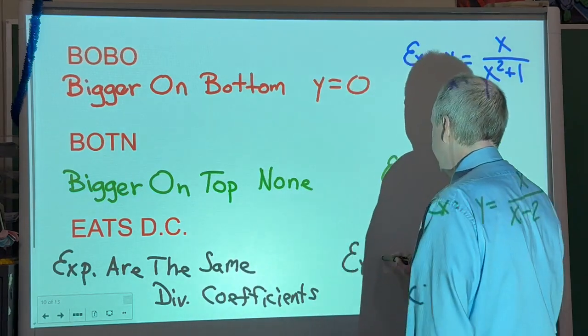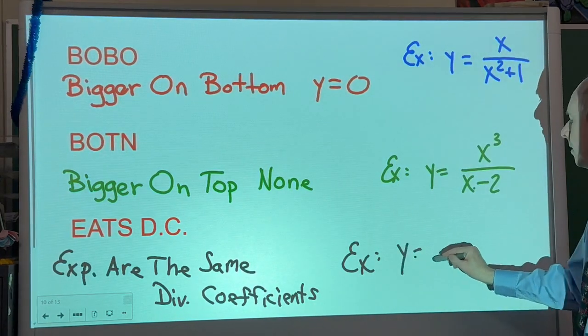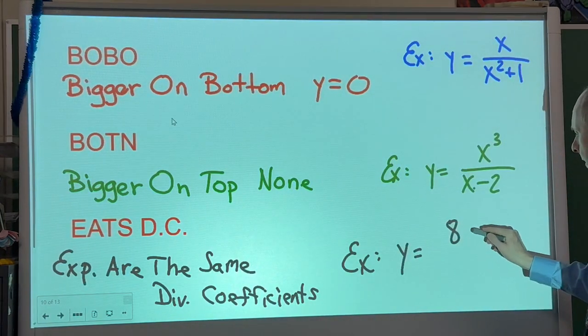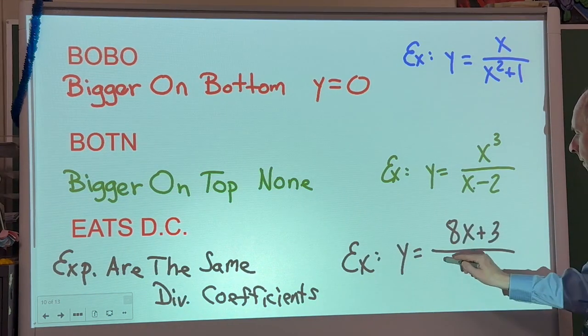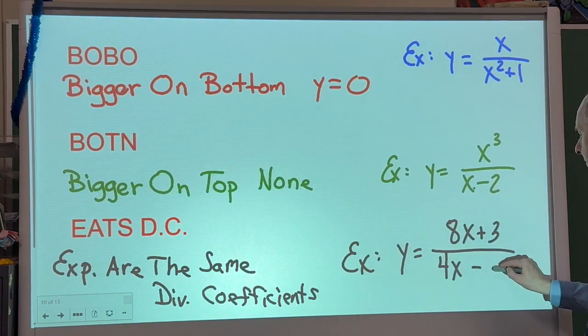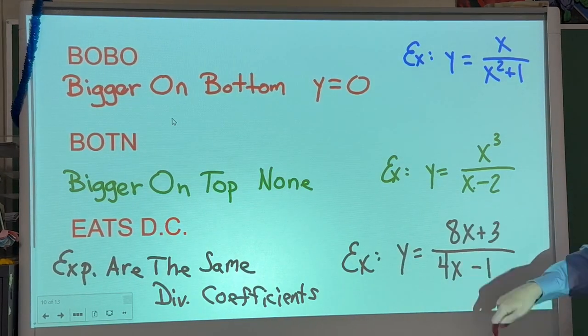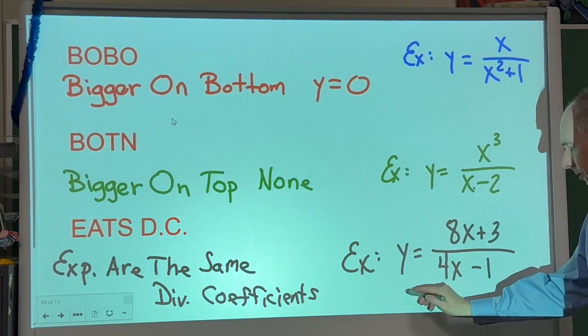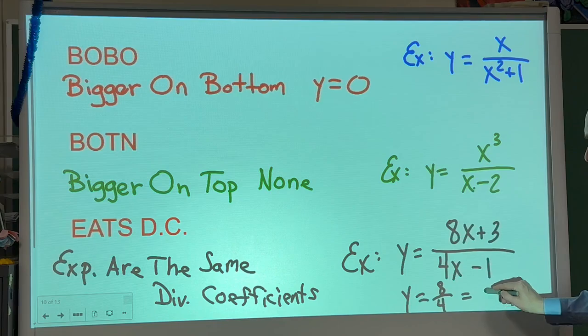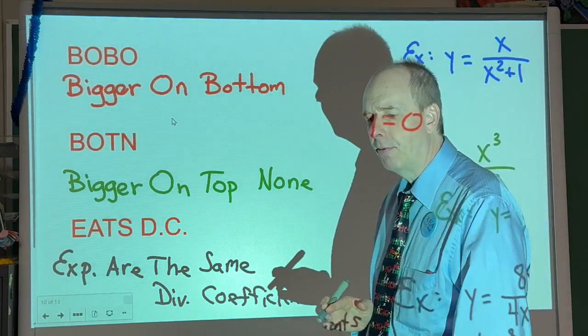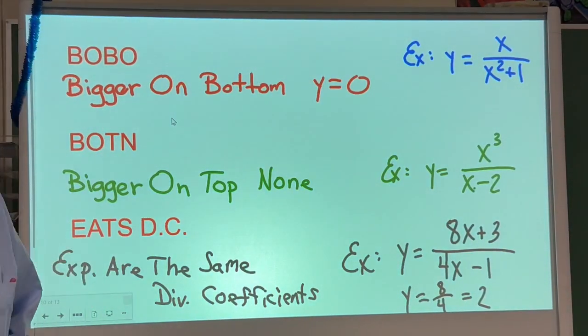For example, y equals 8x plus 3 over 4x minus 1. Exponents are the same. This exponent's 1, this exponent's 1. So we take 8 divided by 4, y equals 2 would be my horizontal asymptote.